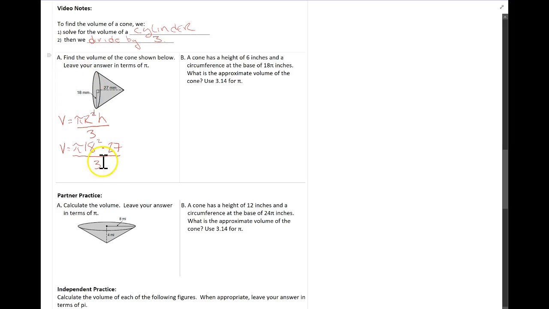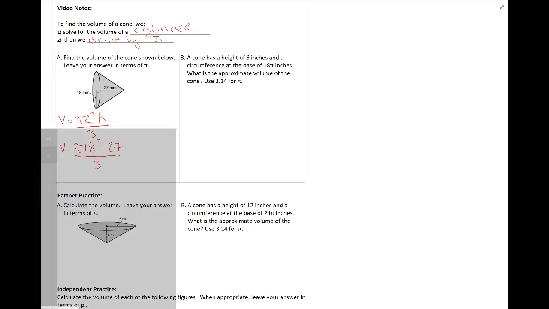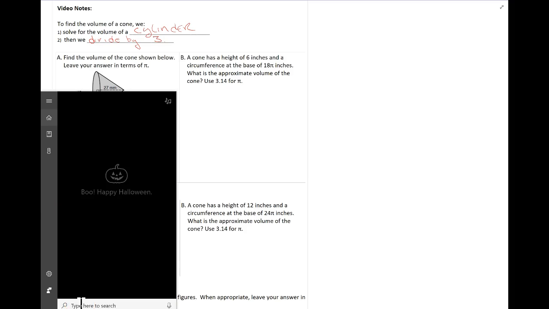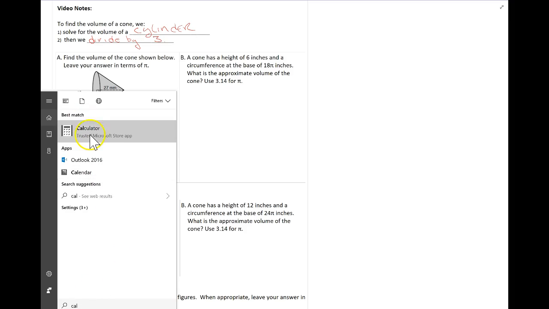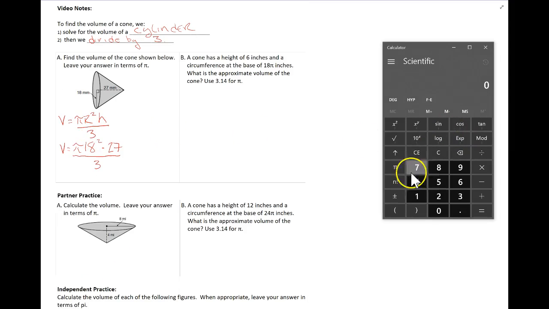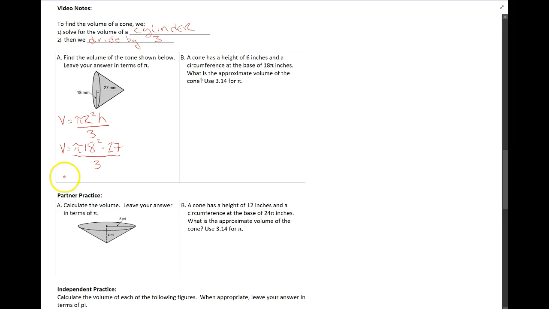So I'm going to say, well, what is my radius squared? Let me pull this up. So we say 18 squared, I can use this button right here, 18 squared is 324. So now I find out volume is equal to pi times 324 times 27.